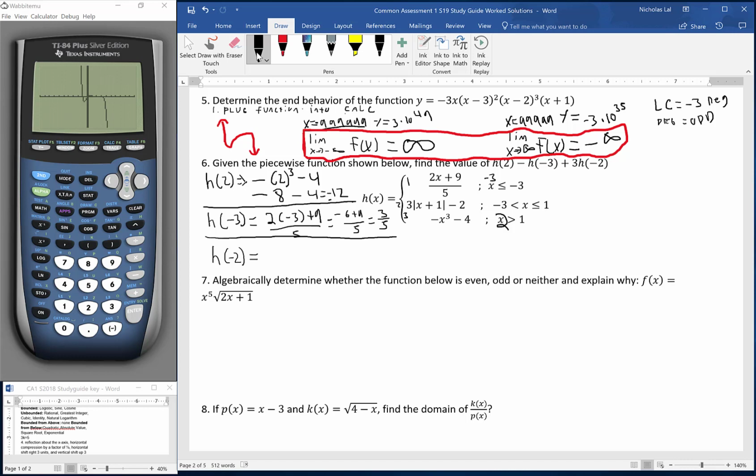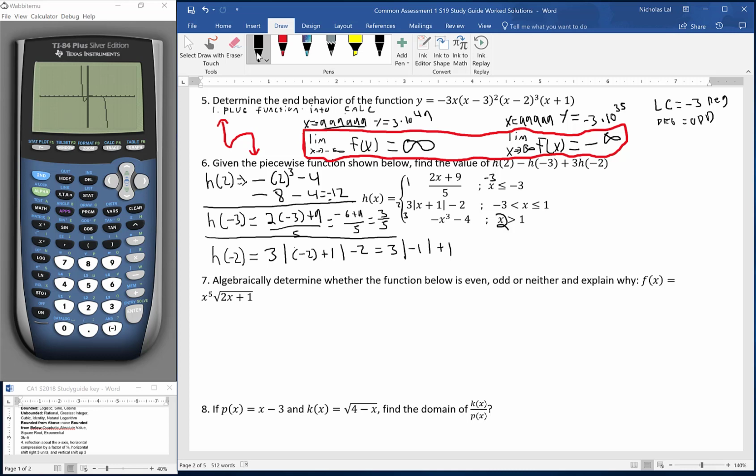So h of negative 2 is going to be equal to 3 times the absolute value of negative 2 plus 1, because you're plugging negative 2 into the equation, minus 2. And that will simplify to 3 times the absolute value of negative 1.